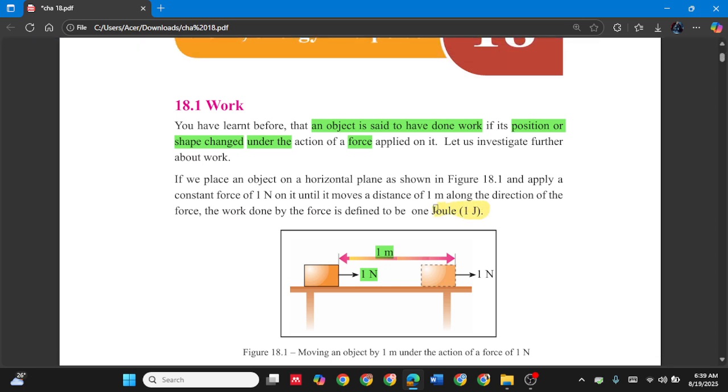So it becomes 1 joule. Why? 1 Newton force along 1 meter. So 1 multiply 1 becomes 1, and Newton meter, we write that Newton meter as joule.